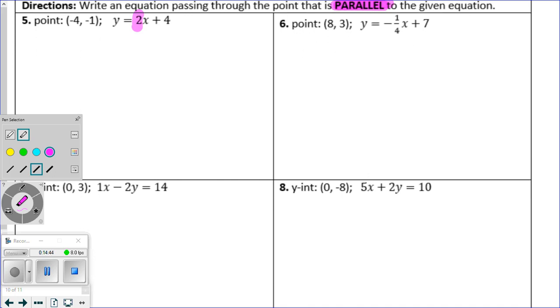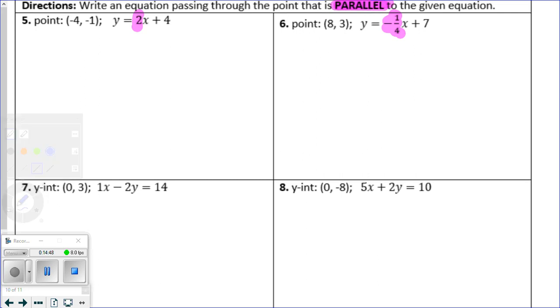So if this slope is 2, if this slope is negative 1/4, my new slopes are going to be the exact same. Okay, then take your points and label x1, y1, x1, y1. So you're going to write these in point slope form for questions 5 and 6.